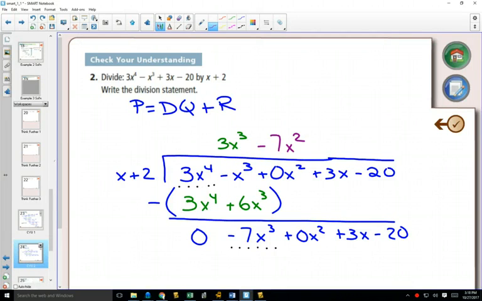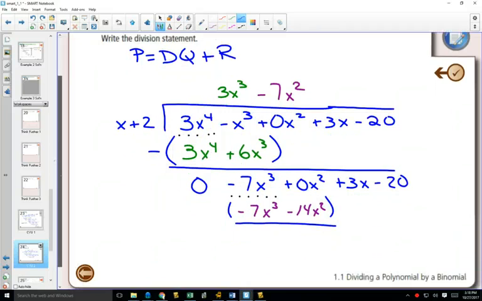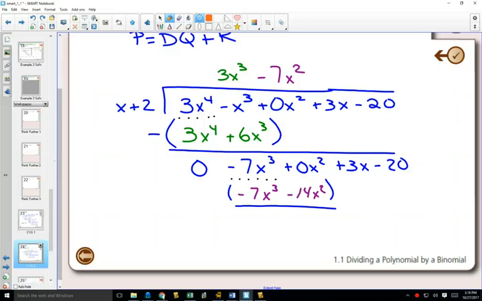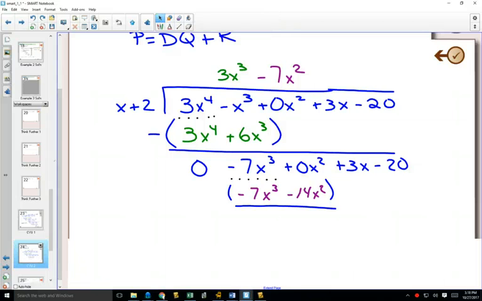And it's also going to be nice that we have our 0 there, because when I multiply this, I get negative 7x cubed minus 14x squared. And now I have to subtract. And it's going to be 0 plus 14x squared plus 3x minus 20.